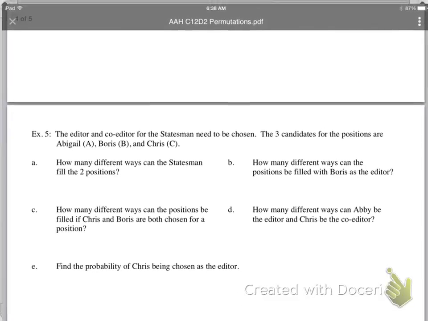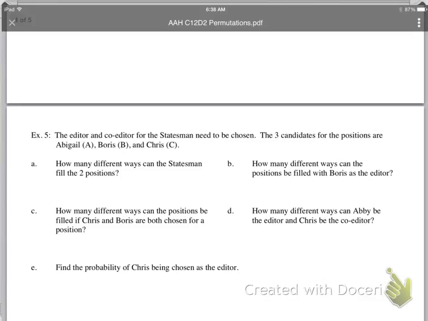So there are a total of 3 individuals, and there are 2 positions, so I like to have my 2 spots. We have 3 possibilities for the first spot, 2 for the second spot.